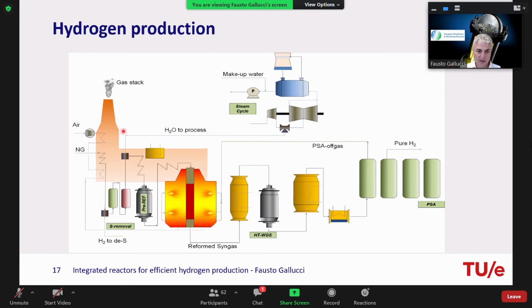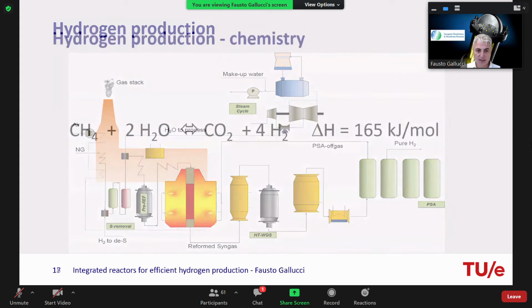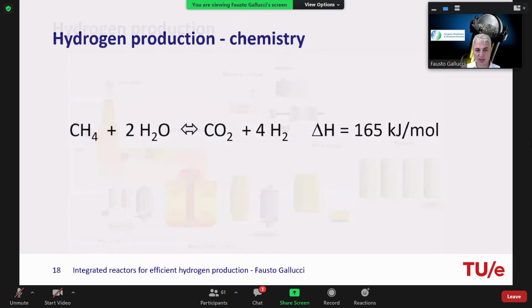Now, if we take this as a reference, what we want to do is to produce the same amount of hydrogen, or at least in the same condition, and get rid of the CO2 emission. In that case, you can have hydrogen production without influencing climate change.